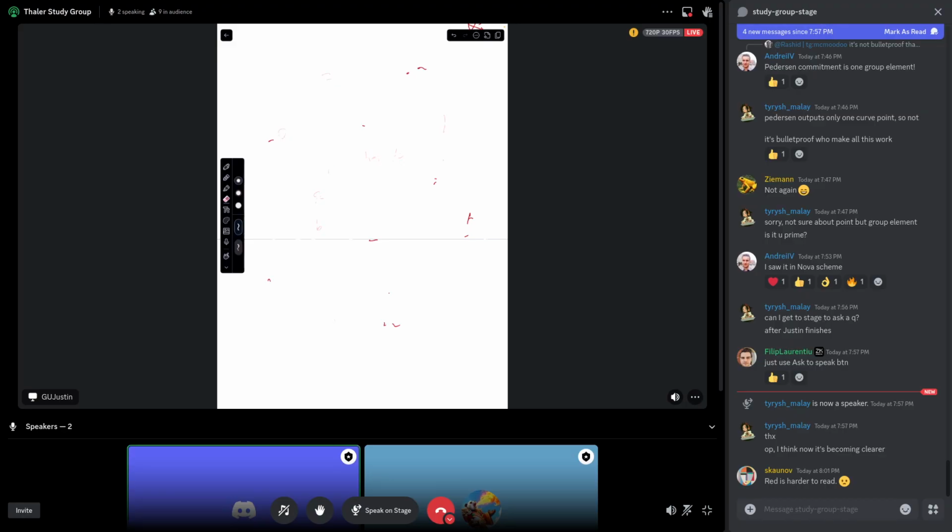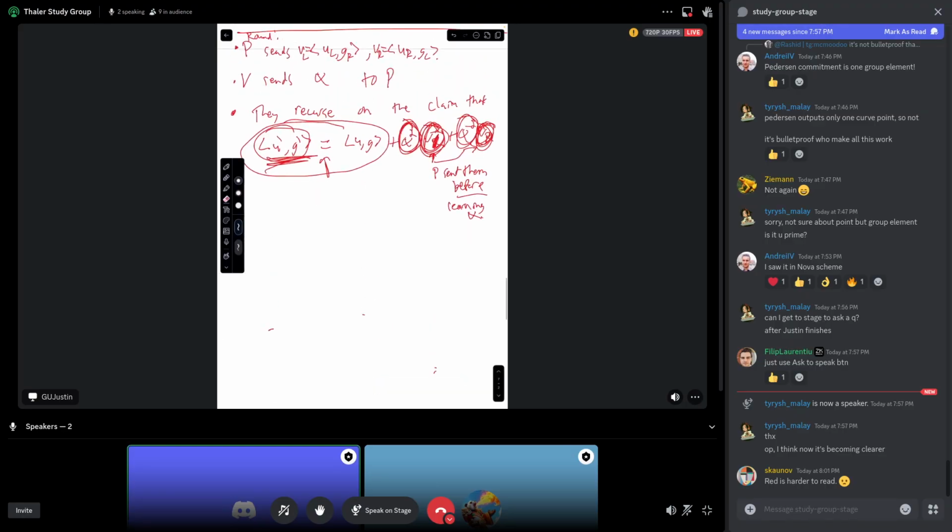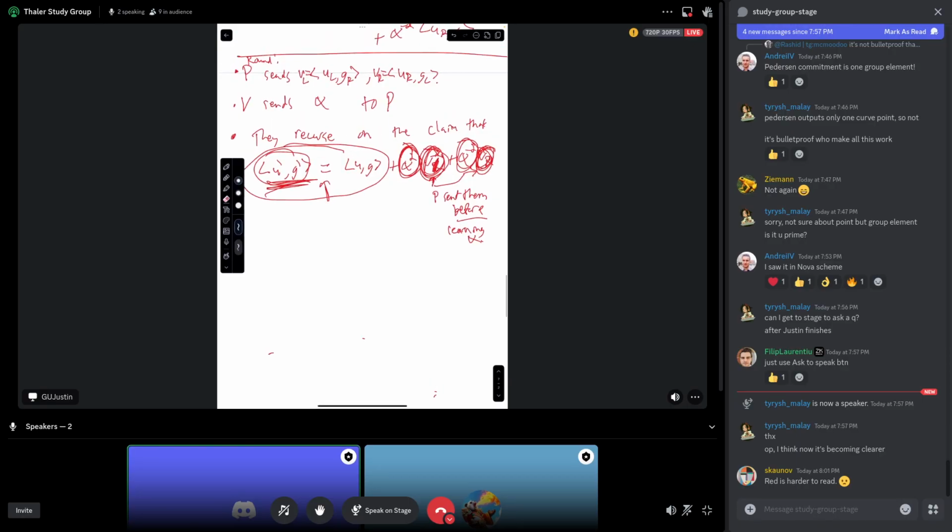Let me erase this sum check detour. Note that at the end of round one, the prover's new claim is that it knows U prime such that U prime inner product G prime equals this other group element, let me call it C2.